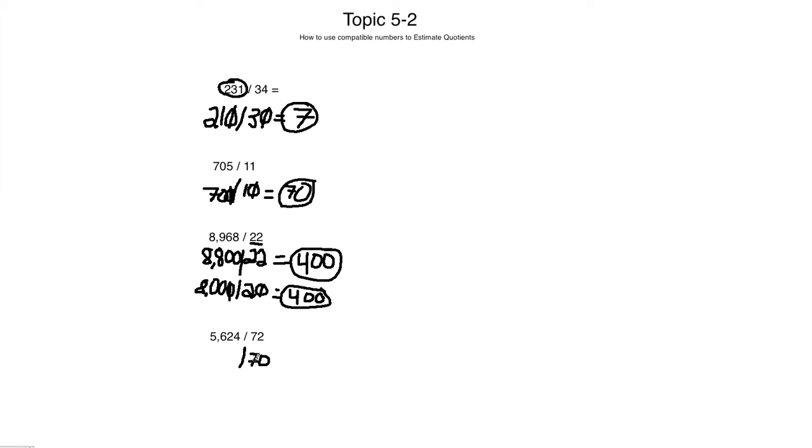Now, can 7 go into 56? Yes, it can. So I would leave it as 5,600. Cross out the 0, cross out the 0. How many times can 7 go into 56? 8 times. And you still have that 0. And so your quotient is 80.